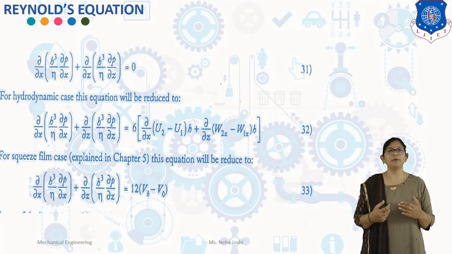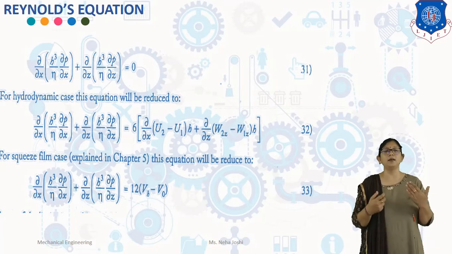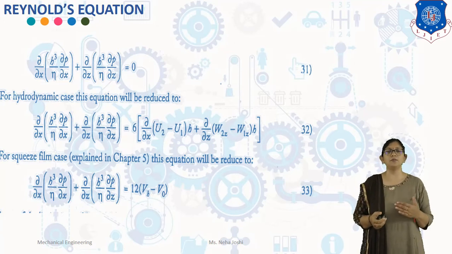For the squeeze film case, this equation will be reduced to ∂/∂x of h³/η ∂p/∂x plus ∂/∂z of h³/η ∂p/∂z, which is equal to 12 (v_h − v_0).